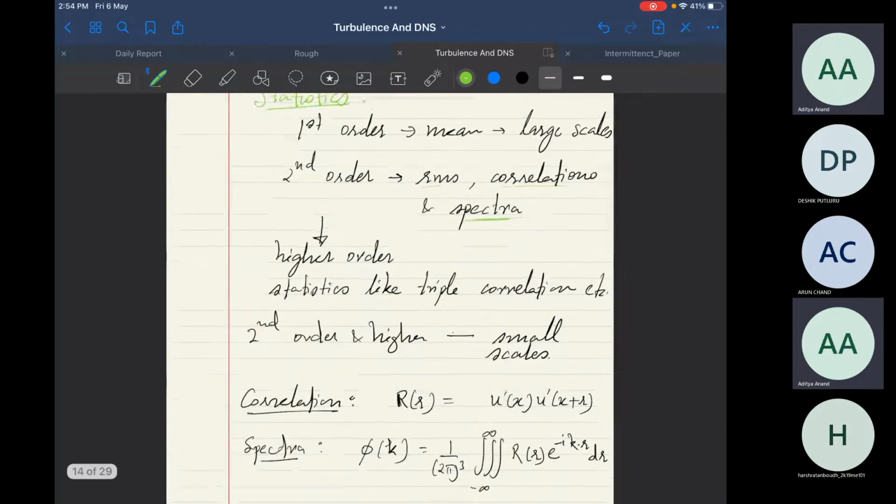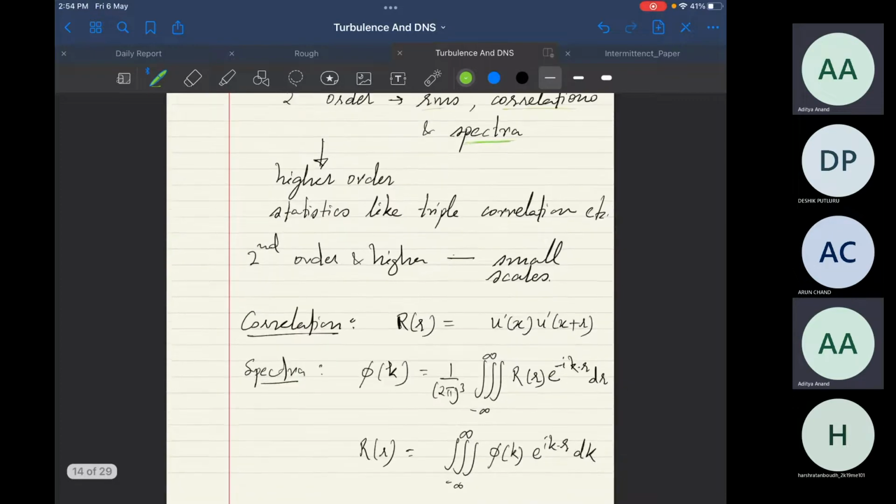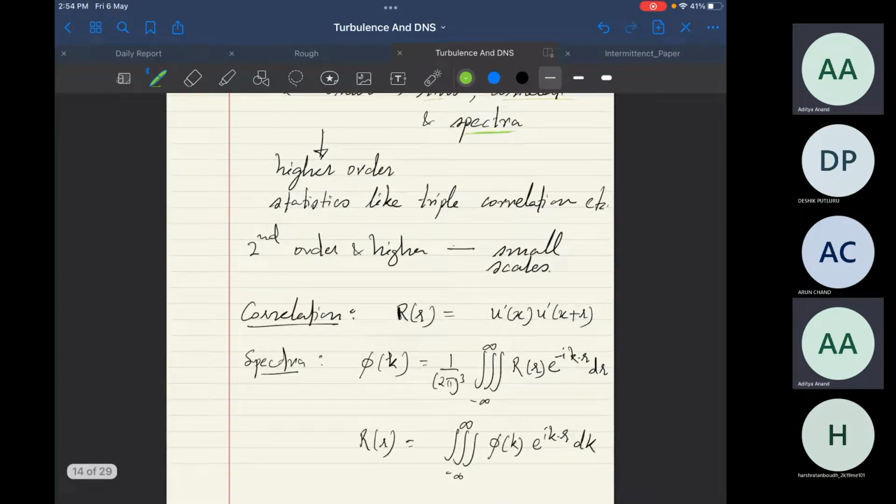We'll now look at these second order statistics, that is, correlations and spectra. Earlier we defined the correlation coefficient, where we normalized the term on the right hand side using the RMS of u. If you do not normalize, what you have is just the correlation.